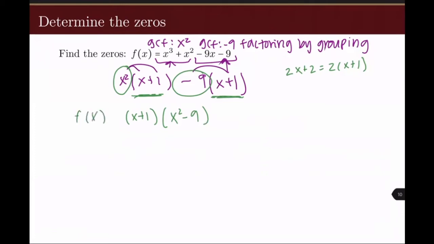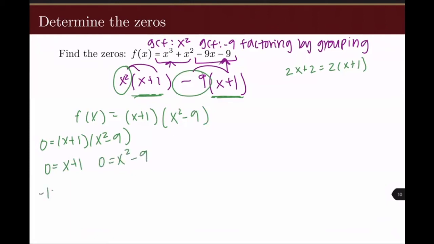So now to find the zeros. Well, zeros of a function just mean that 0 equals x plus 1 times x squared minus 9, which means that either 0 equals x plus 1 or 0 equals x squared minus 9, and then you can solve both of these individually.